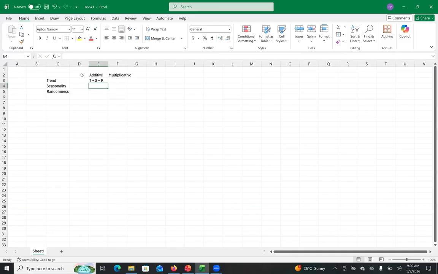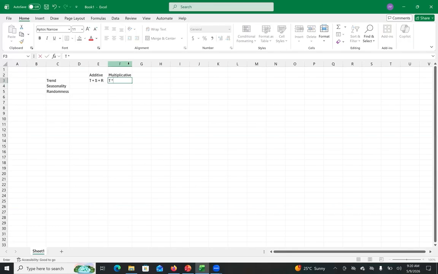Or these three can be multiplied together to make a time series, where we say it's the trend component multiplied by the seasonality component multiplied by the randomness component. So it can be an additive time series, or it can be a multiplicative time series. There are different ways to solve both of these, and we will discuss that.